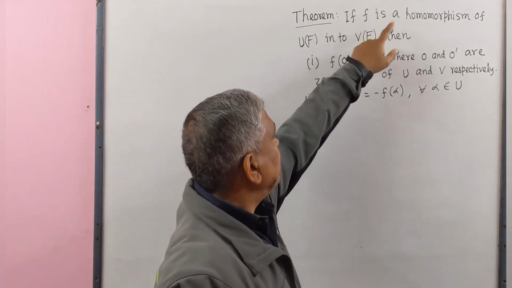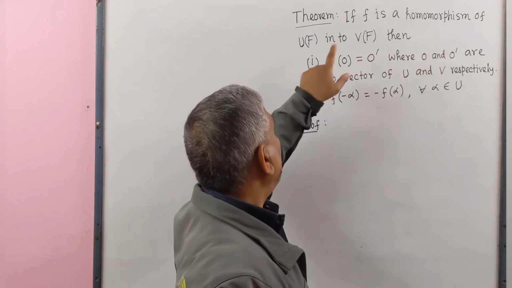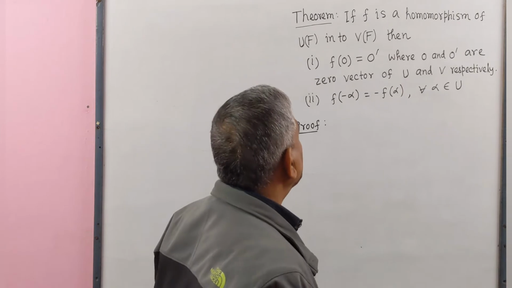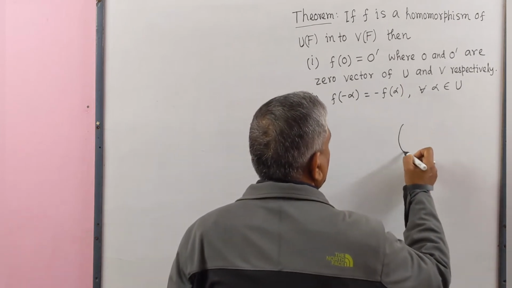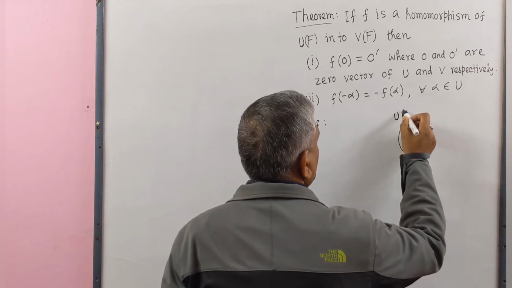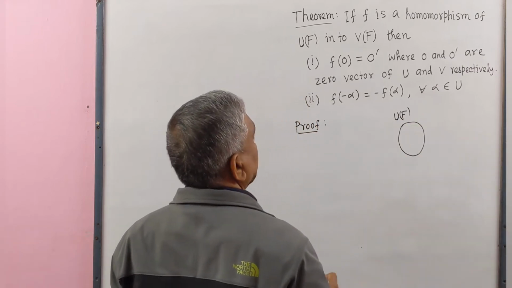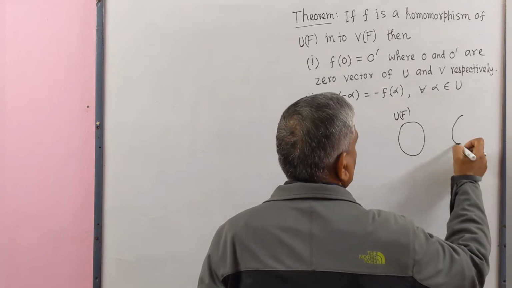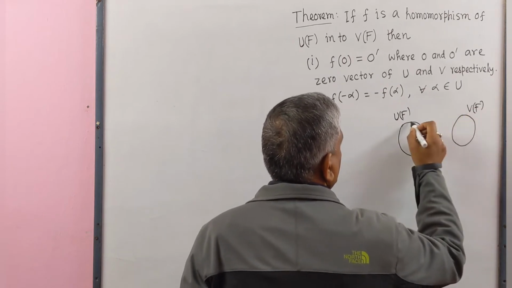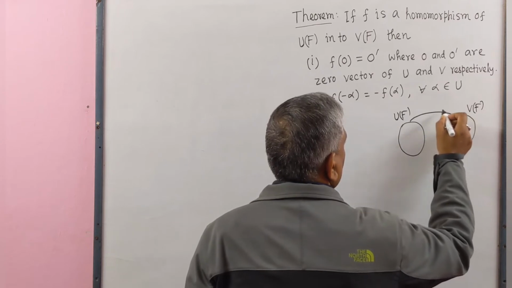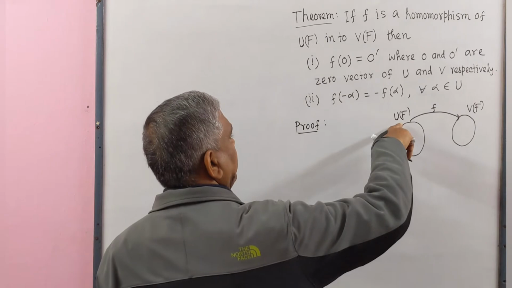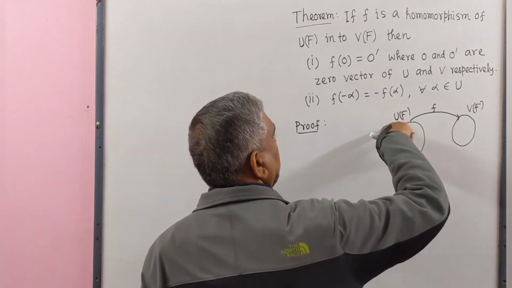If F is a homomorphism of U(F) into V(F), here this is the U(F) vector space and this is the V(F) vector space, and F is the homomorphism defined on U into V.